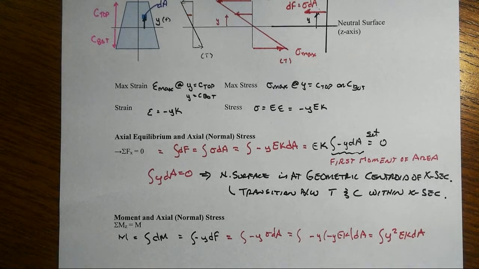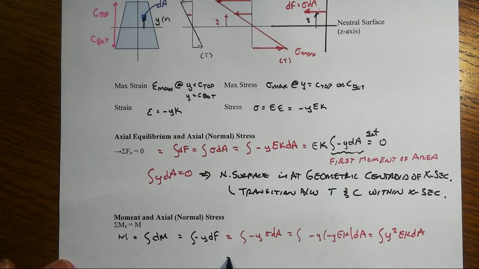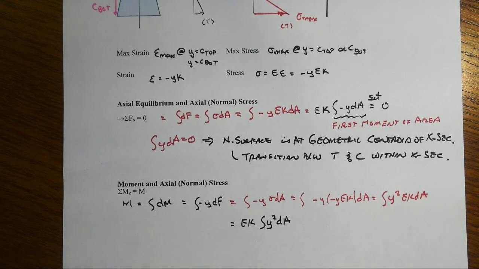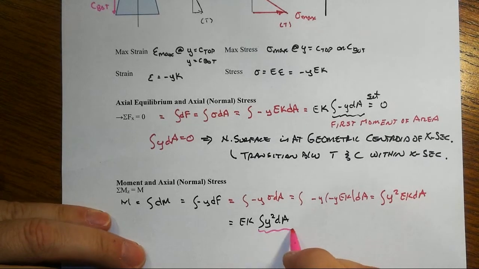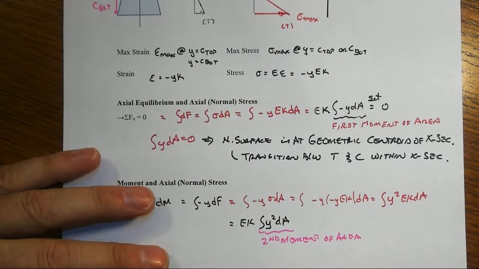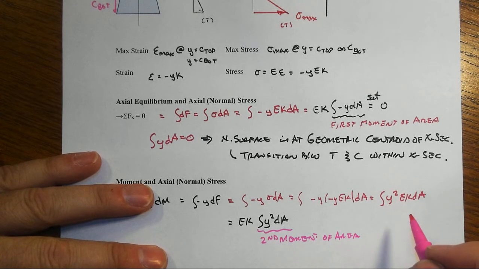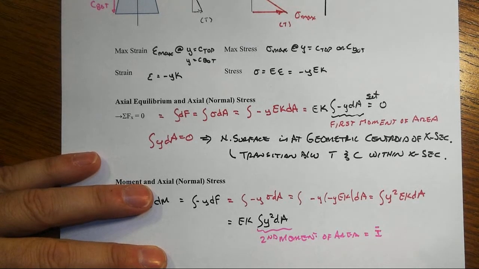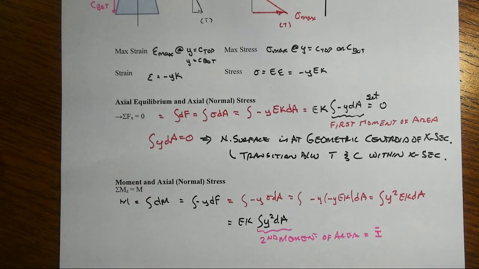And for the same reasons that E and kappa are constant and we pulled them out of the integral before, we do now: E kappa times the integral of y squared dA. Well, that is, by definition, the second moment of area. And because we know y is referenced from the neutral axis, which is located at the geometric centroid for elastic behavior, that is the centroidal second moment of area. Right? That's going to be a key thing.